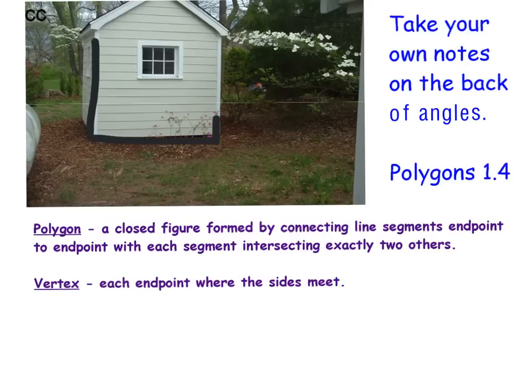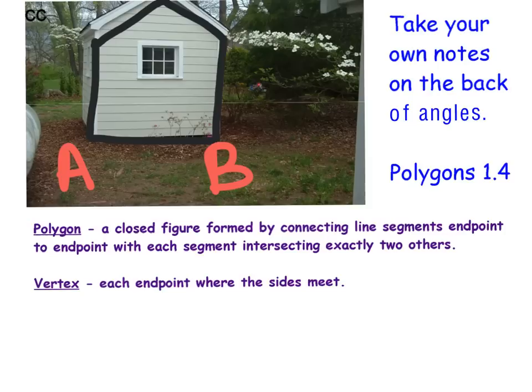So you have what is called a pentagon. And you're going to have some segments formed. You have a segment AB, a segment BC, a segment CD, a segment DE, and another segment EA.